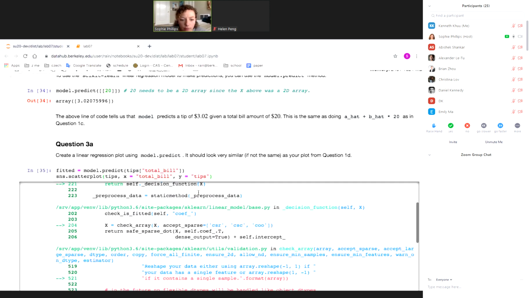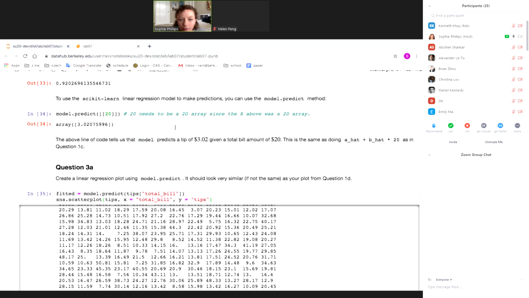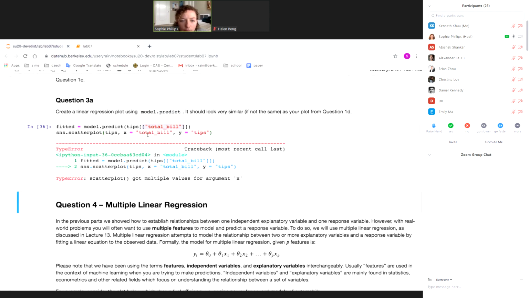Oh, you're angry. Let's see. Oh, right. Total bill has to be in a matrix. They got me. And now you're angry because y equals tip. Oh, I think it's supposed to be tip values. I think I need to do data equals tips.